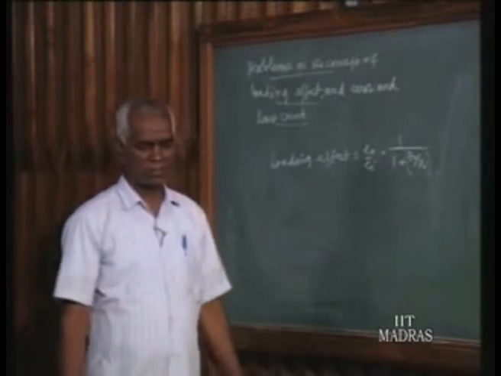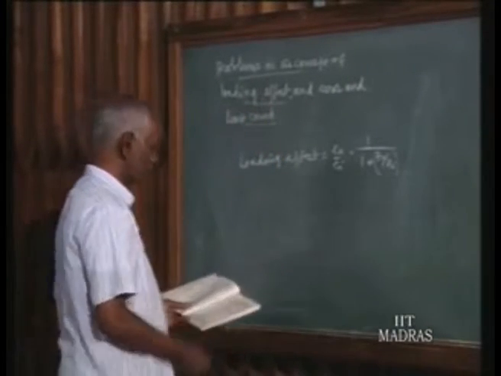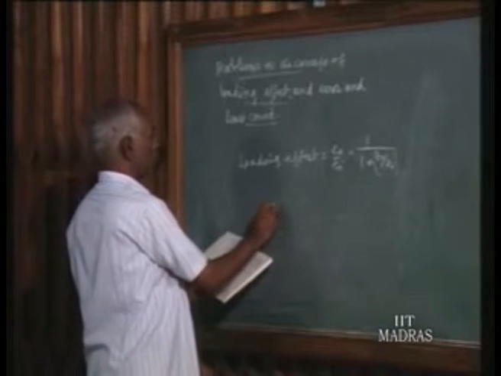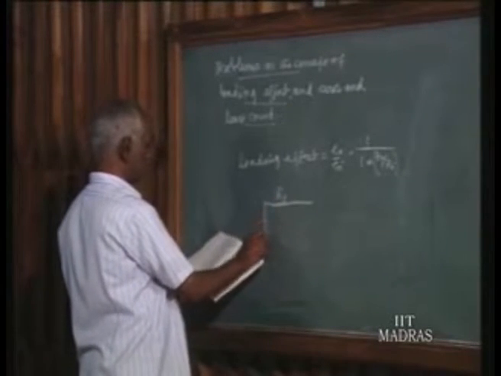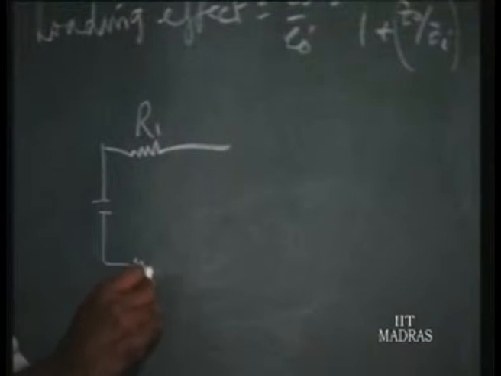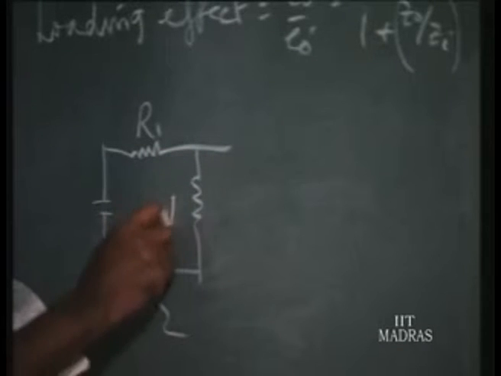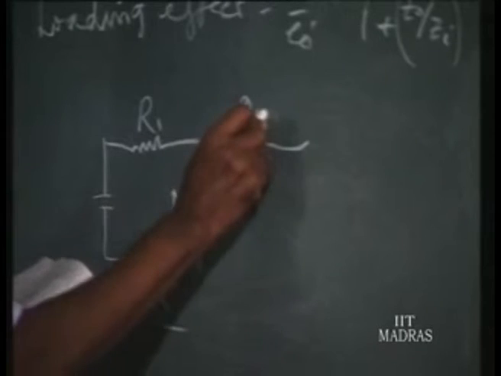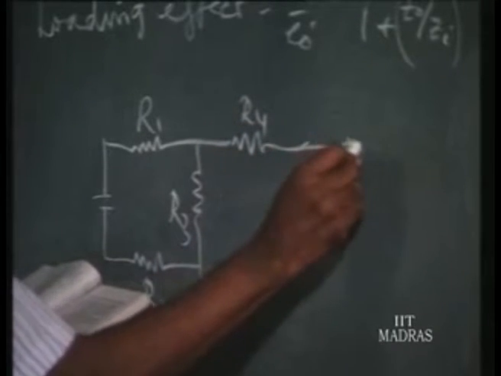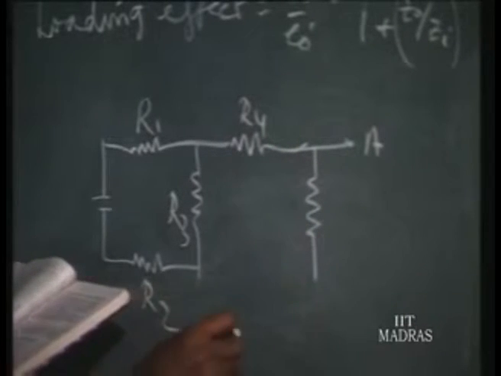So, for example, let us consider this following circuit. R1, there is a battery source, and R2, another resistance R2, and R3 across, and R4, and it goes to the terminal A, across which we are going to measure the voltage.